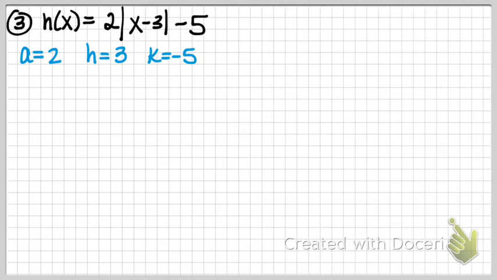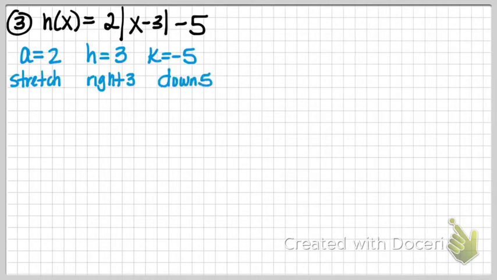Because A is 2, is it going to stretch or compress? Stretch. H is 3. Is that going to make it go up, down, left, or right? Right 3. K is -5, so it's going to go down 5.